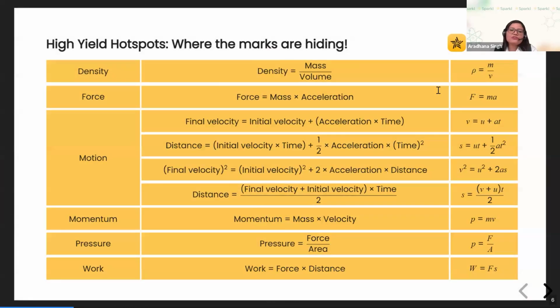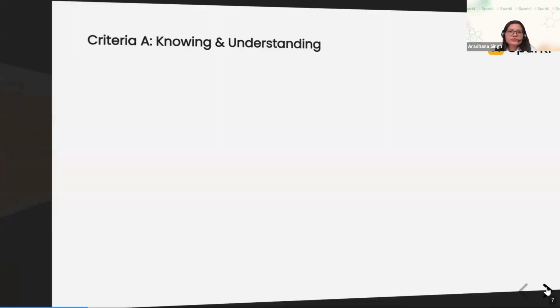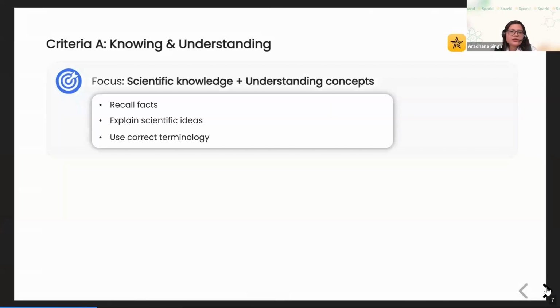This is just an example of kinematics formulas. These formulas will be provided to you in the question paper on the initial sheets. Okay, let's work upon the knowledge and understanding criteria A in detail.